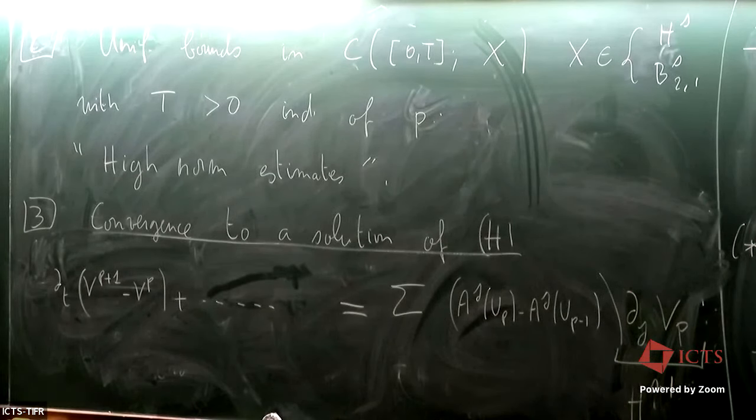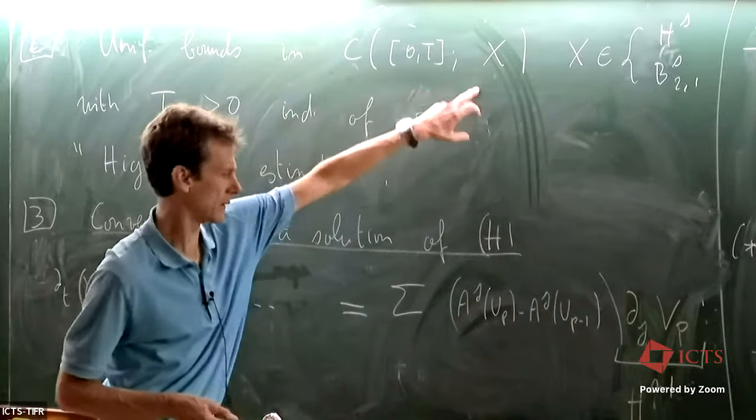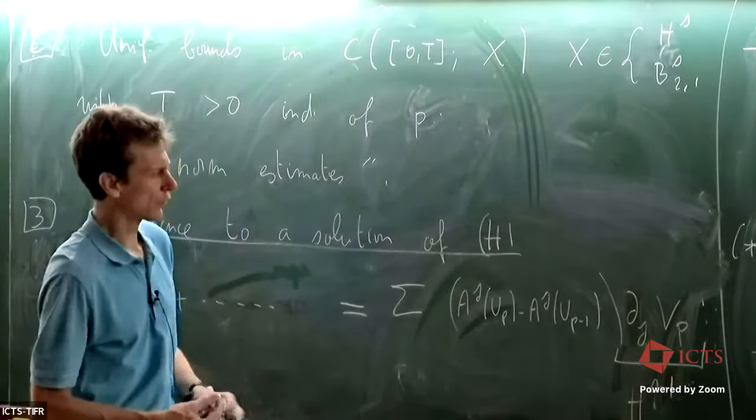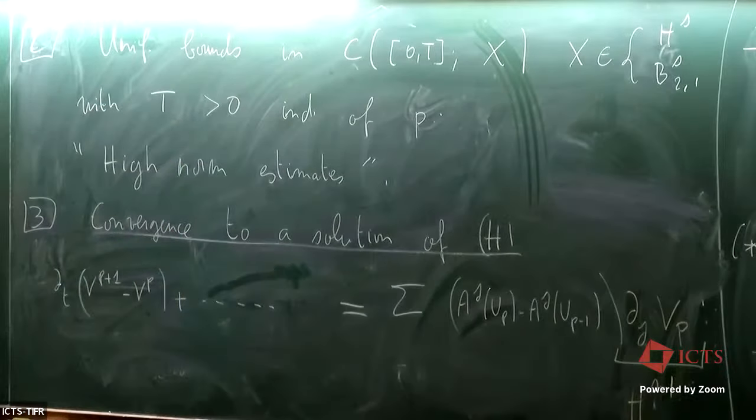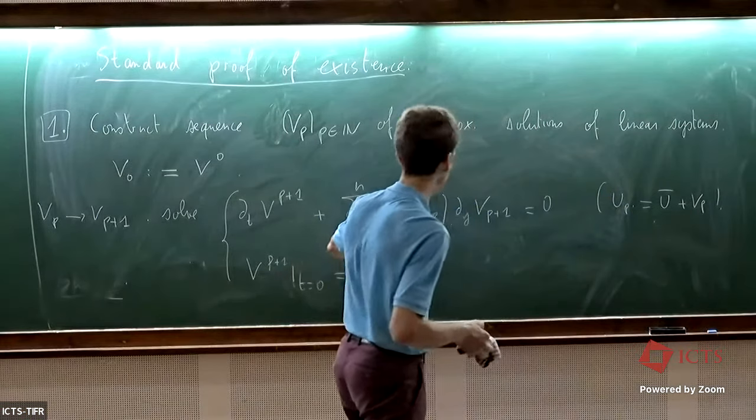Because of that, it's not possible to prove convergence directly in the solution space. You lose at least one derivative. So for this particular example, if you don't want complicated estimates, the easier thing to do is just to prove convergence in L2.